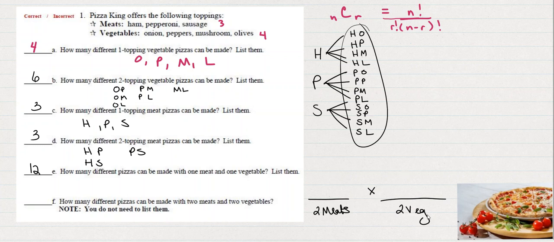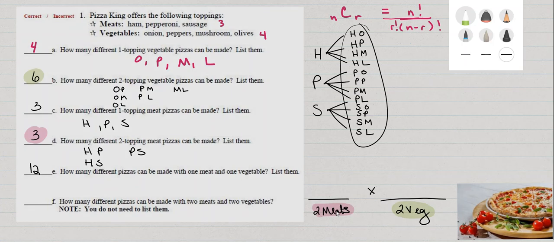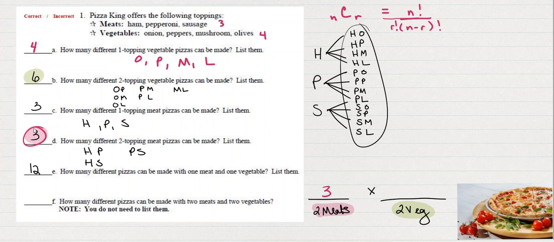How many different ways can I choose 2 vegetables? I already worked out that there were 3 2-meat pizzas possible, and that I already found that there's 6 ways to put on 2 vegetables.